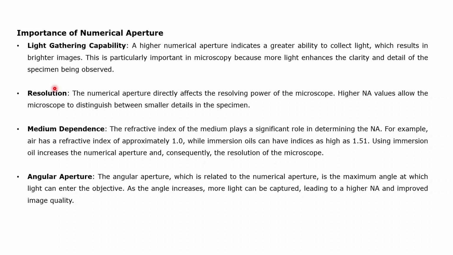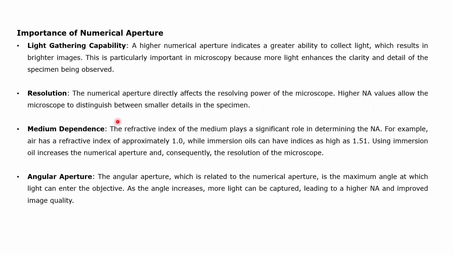But if the resolving power or the numerical aperture is higher, the microscope has the ability to resolve these two points as they are, with the specific distance that is present between them. So a higher numerical aperture value allows the microscope to distinguish between smaller details in the specimen.